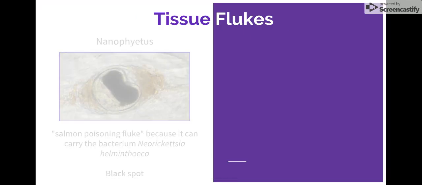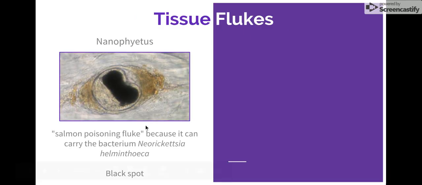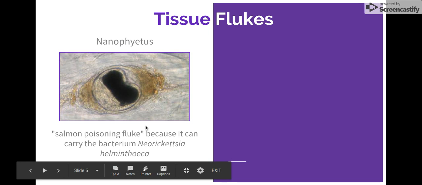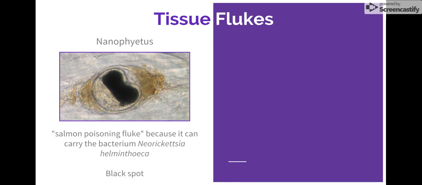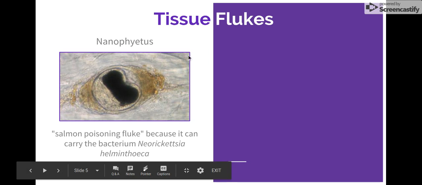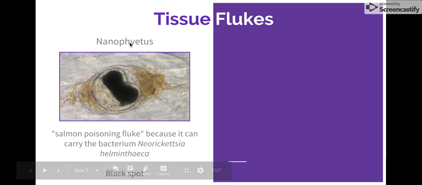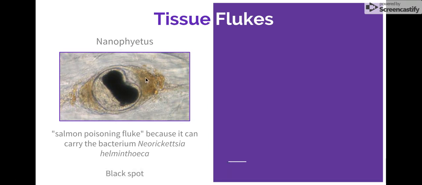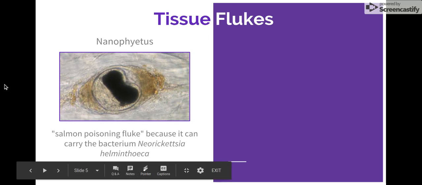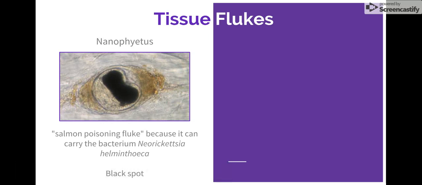So tissue flukes. These can be found in the skin, so I didn't want to include them as external because they're also more often found in the tissues, like the muscle layer underneath the skin. But this particular parasite here, Nanophyetus, is also another black spot parasite, which means it makes a little black speckling.